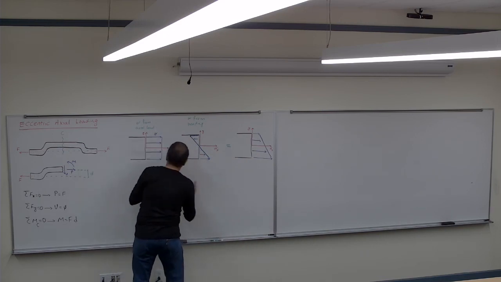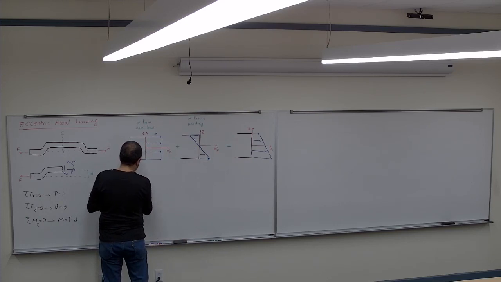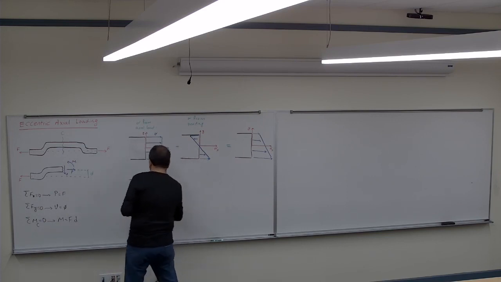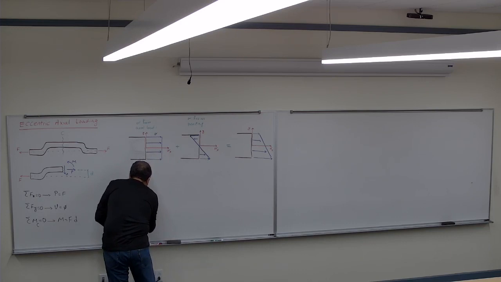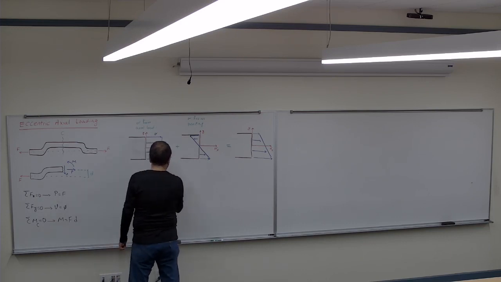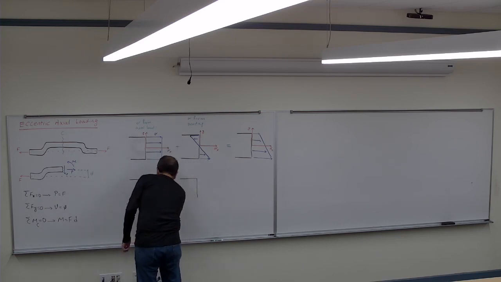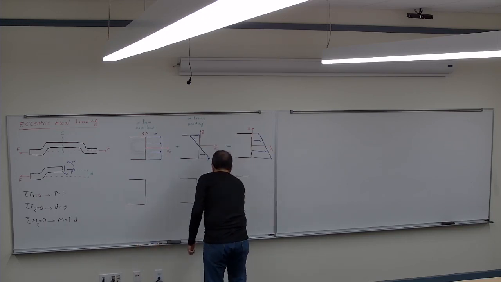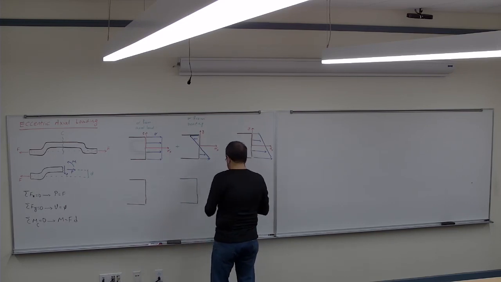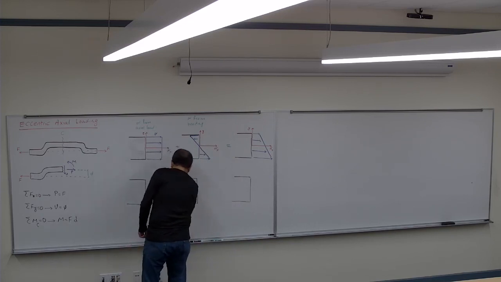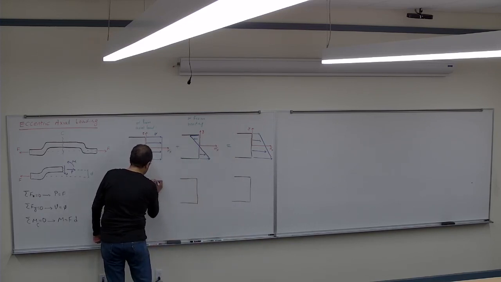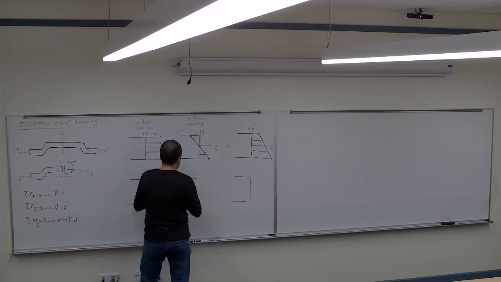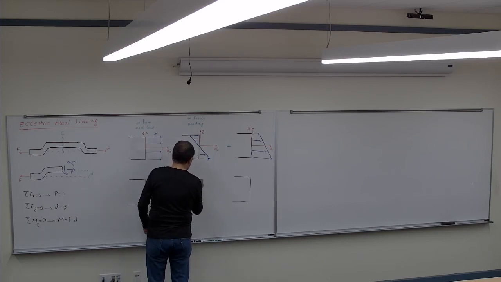If this one was really big, for example, so this one was smaller, if I have another case that looks like this, and this time, for example, this is going to be smaller and this is going to be larger.